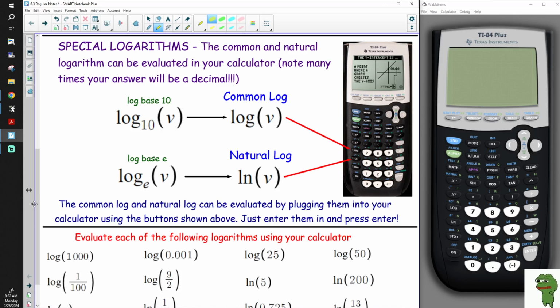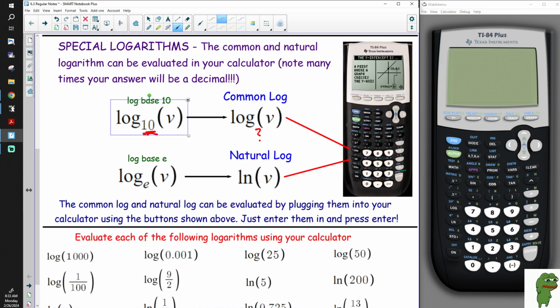It's so special that when you don't see a number written by log, you are going to automatically assume that it's a 10 right here. I don't see a base. Look, where is it? I don't see it. If there is no number written as a base, it's automatically the number 10, and it is called the common log, and it is right here on your calculator next to the 7.